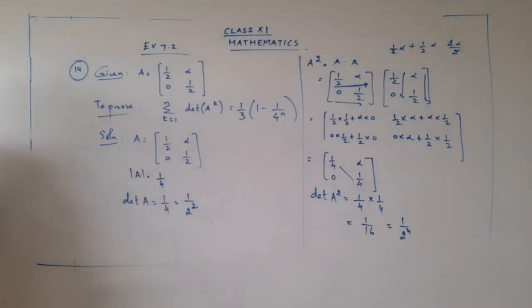So we have found the value for the determinant of A square also. So the determinant of A is known to us and the determinant of A square is known to us. So we have to just find one more matrix and then we will continue with the proof part.